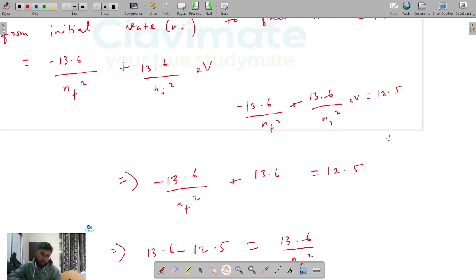Now I'll repeat again why we took ni as 1: firstly, it's going from the ground state to the upper states. So we know in the ground state ni will be 1, so 1 square is equal to 1, and put it there.